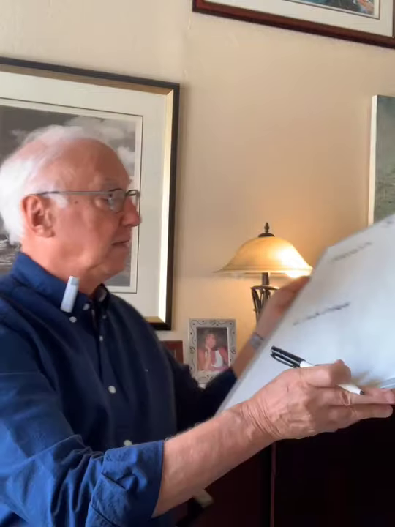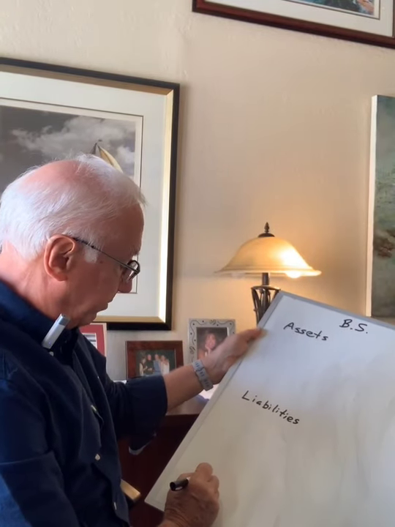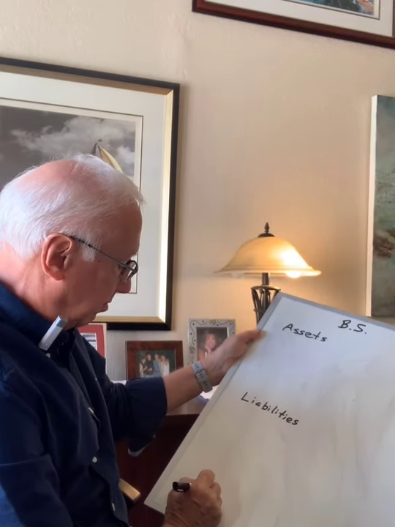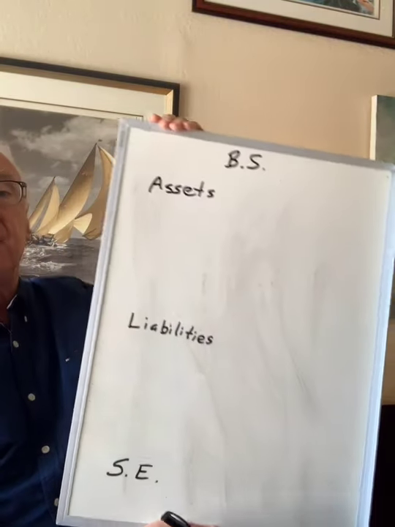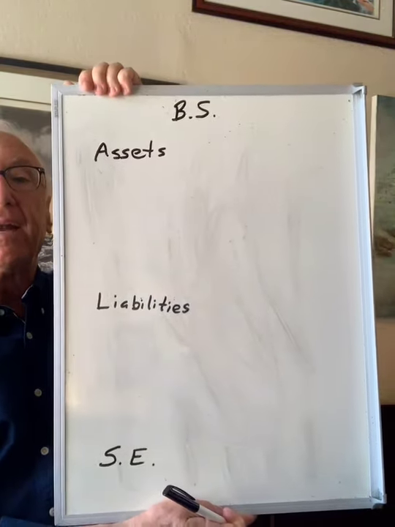Balance sheet, I'll just say BS. Assets. Liabilities. And then shareholder equity, I'll just call that SE. Now you all see that.